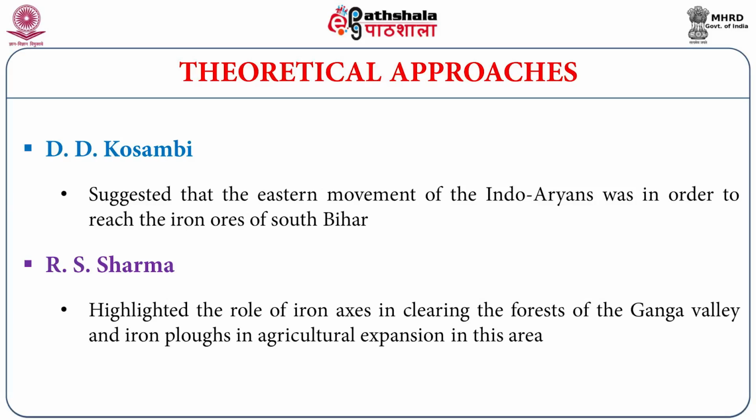Scholars felt iron was very crucial because with the use of iron, forests could be cleared. Without iron, it was not possible to undertake many of the agricultural activities. That is why they felt iron was crucial in agriculture and later in urbanization.